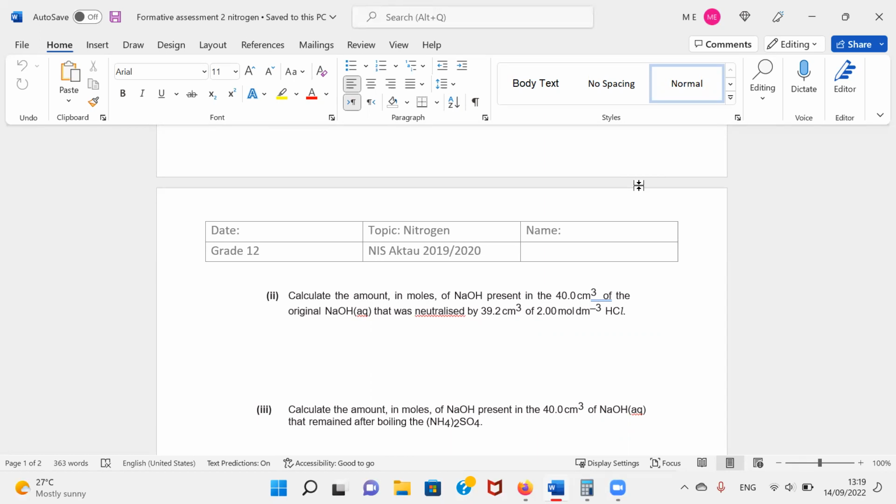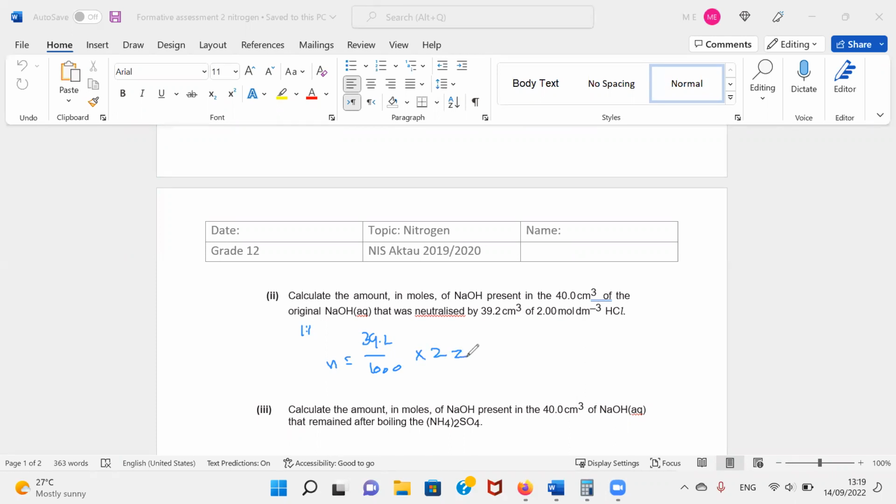Since the number of moles according to the first equation is 1 to 1, sodium hydroxide to hydrochloric acid, then basically we have 39.2 divided by 1,000 to convert it, so this is the number of moles, 39.2 divided by 1,000 times the concentration, which is 2.